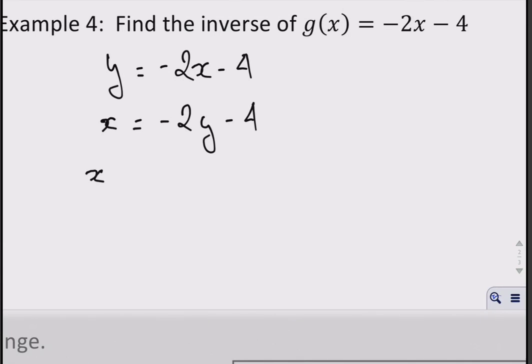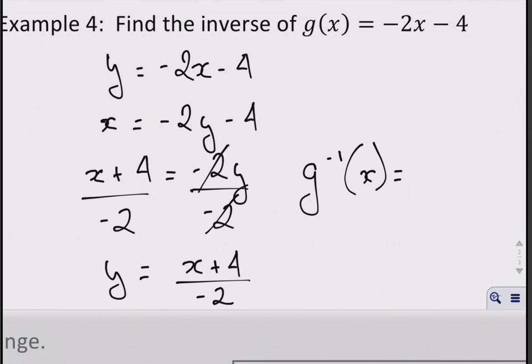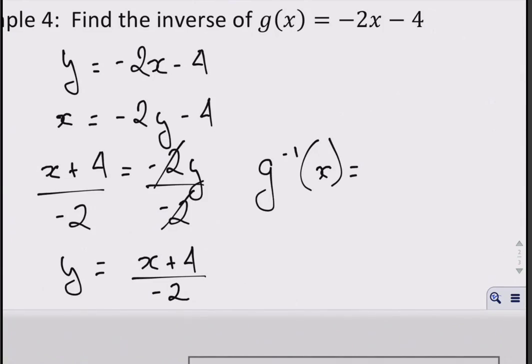This is just a matter of isolating my y. Divide both sides by -2, cancel, cancel, and I'll rotate the order. I'm left with x plus 4 over -2. And step number 4, in this case it's not f, it's g. Rewrite my final function in terms of g inverse of x, which is x plus 4 over -2.